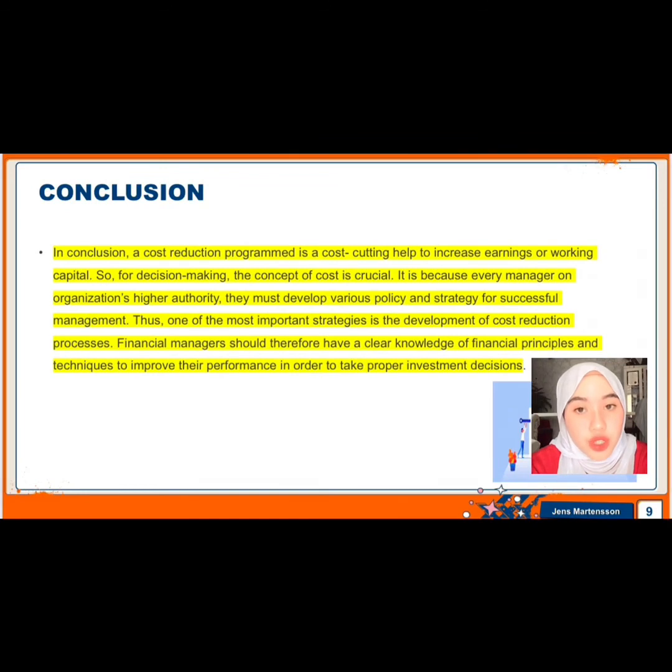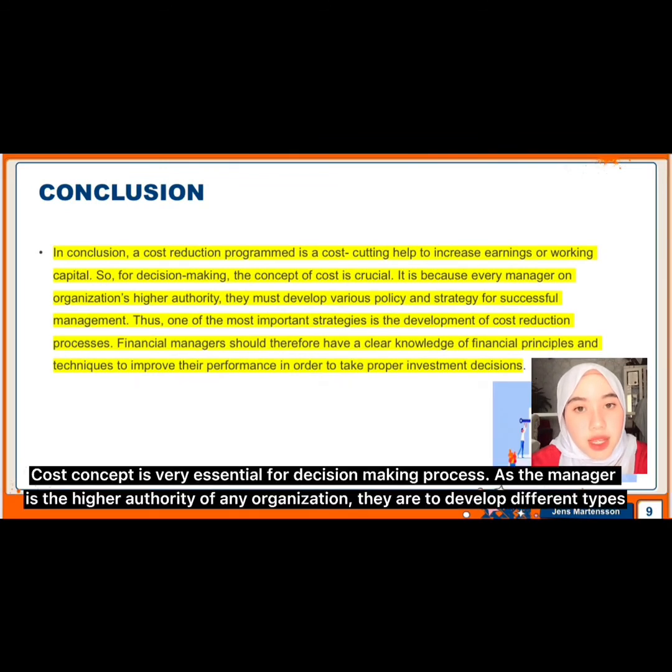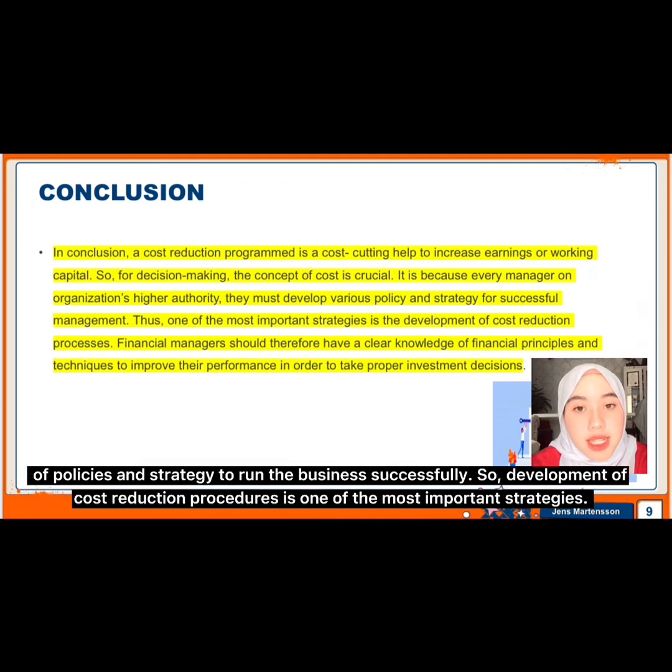So, for conclusion, the cost concept is very essential for the decision-making process, as the manager is the higher authority of any organization. They develop different types of policies and strategies to run the business successfully. So, development of cost reduction procedure is one of the most important strategies.